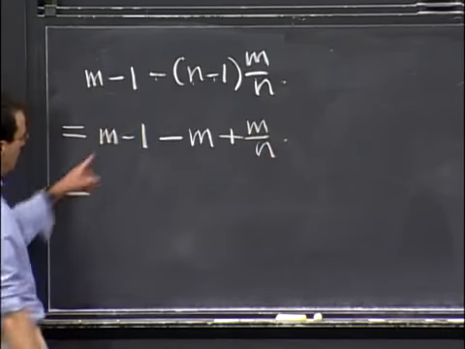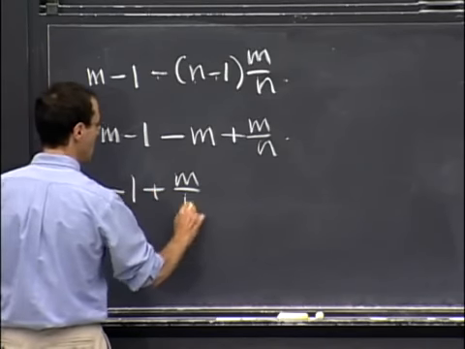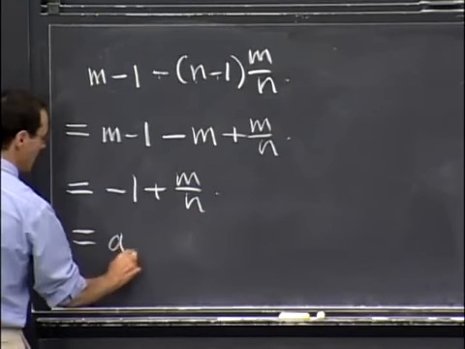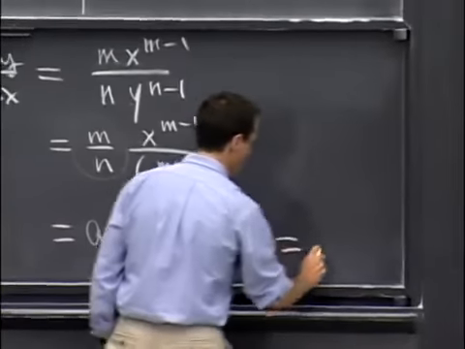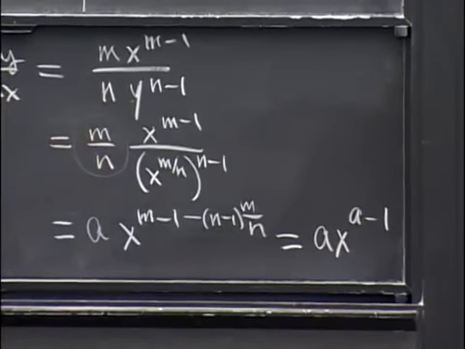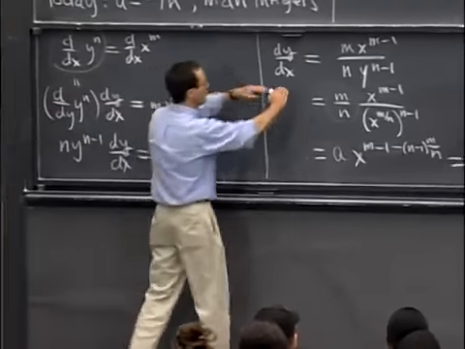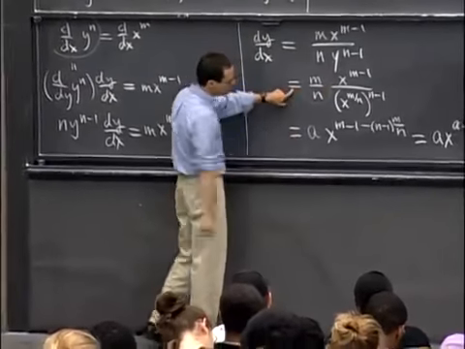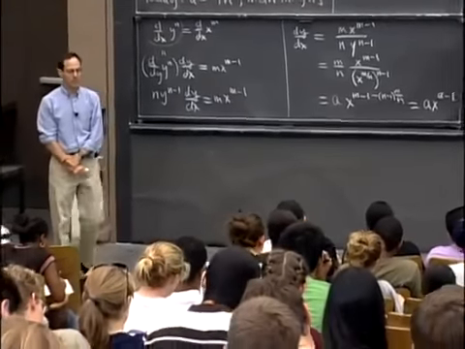So altogether, the two m's cancel, and I have here minus 1 plus m over n. And lo and behold, that's the same thing as a minus 1. Just what we wanted. All right, so this equals a x to the a minus 1. Again, just a bunch of arithmetic. From this point forward, from this substitution on, it's just the arithmetic of exponents.